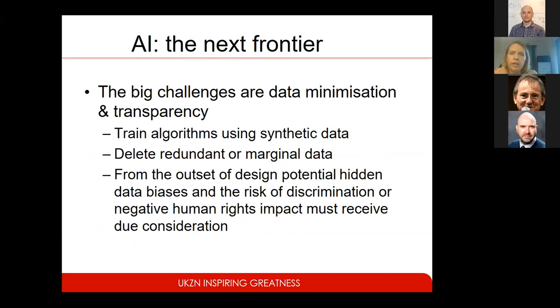And here we have big challenges, not only in relation to ethics, but from a data protection point of view with data minimization, simply because of the large volumes of data that are collected to train algorithms, and with the principle of openness or transparency, primarily because it's almost impossible to explain algorithmic processing in terms that the average person can understand. And again, I've included some references to the OECD AI guidelines, or principles rather, and to the Council of Europe's latest reports on how to overcome these challenges.